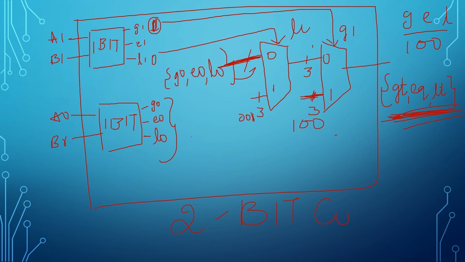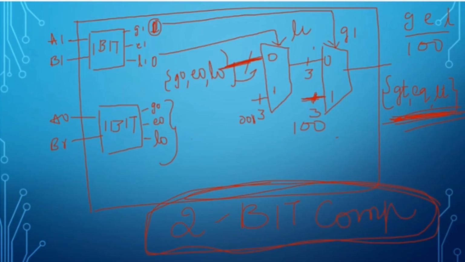So this is about the 2-bit comparator, and we have seen how to implement a 2-bit comparator using 1-bit comparators and 3-bit wide multiplexers. Here 3-bit wide means each input has 3 bits, whereas the select line has 1 bit, and the output also has 3 bits. GT, EQ, LT each have 1 bit, and we combined those three together so that it formed 3 bits.